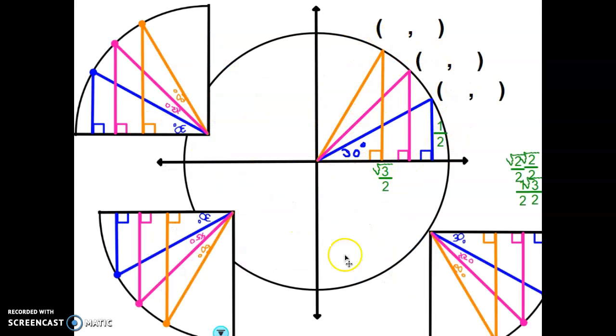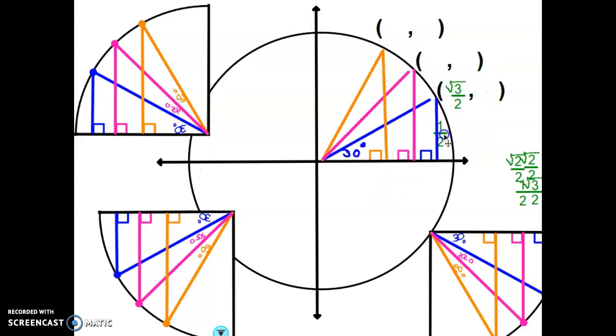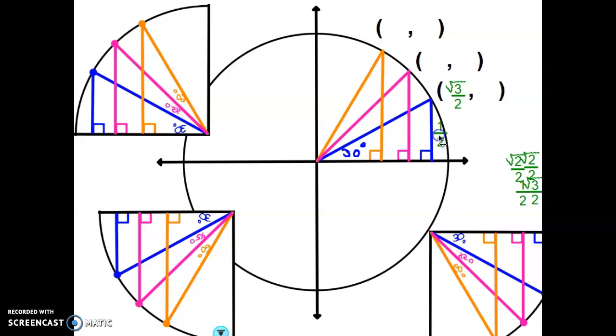We're just going to look at the first quadrant. Notice on the 30 degrees, we go over root 3 over 2 up 1/2. So this will have these coordinates. Whoa. Sorry about that. That was a brain fart. There you go. Now the pink, the 45ers, are the easiest because they're both root 2 over 2.